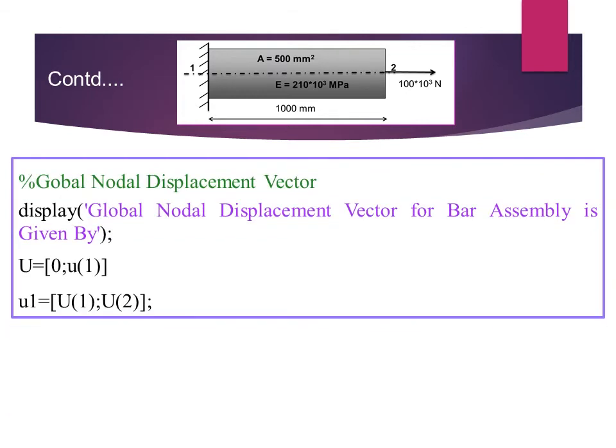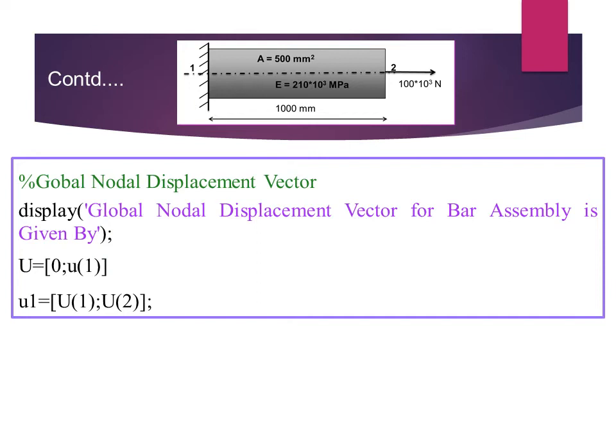Now from the last matrix you will get the unknown displacement, but for the stress calculation I want to know the global displacement vector, because I am selecting one element, and for that the stress equation is equal to E upon L, and row matrix is 1 minus 1 and column matrix is U1 and U2, that is the displacement at node 1 and the displacement at node 2.